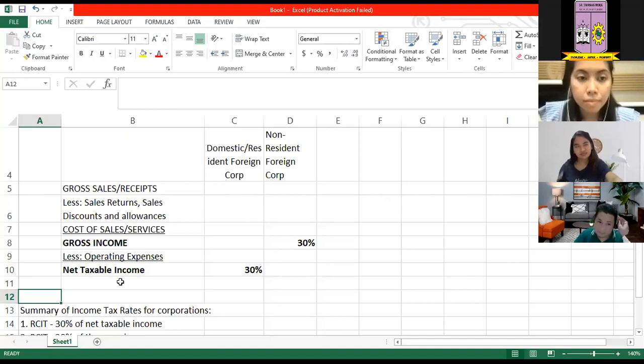Na bibili ka ng mga materials, yung kahoy, yung rattan. And then from the raw materials, you process it. Process means you transform it, no, from raw materials to a finished product. So, ngayon meron ka ng finished product.